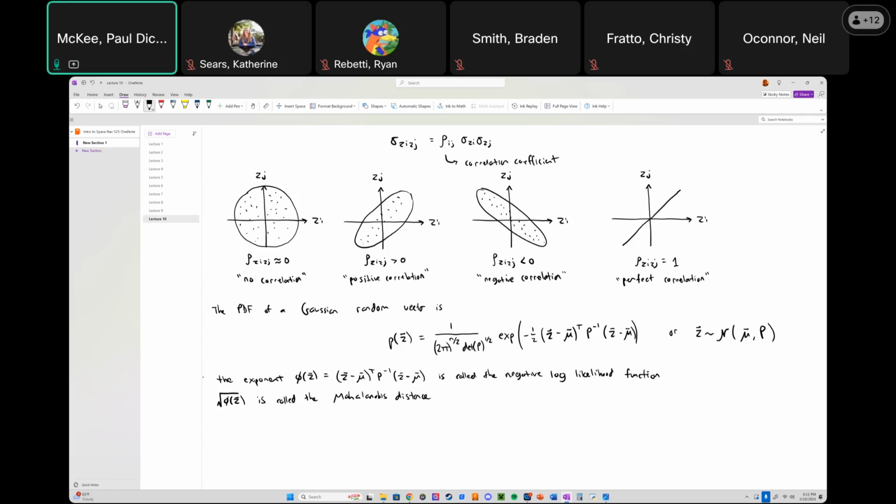Which sounds fancy, but all this is what we were talking about before: distance from mean weighted by standard deviation, or in this case, distance of the vector z from the vector mean weighted by inverse covariance. So same concept in higher dimension.